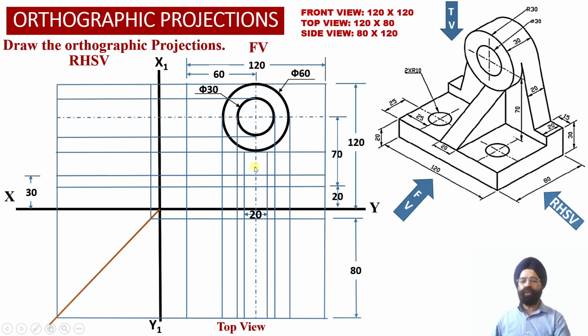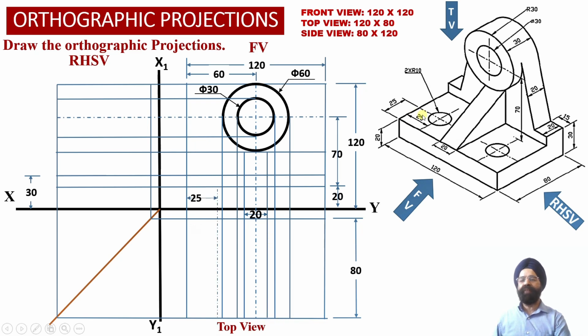Now with respect to this center line, we have taken offset of 10 millimeter on either side, so that the width of this central web we are able to obtain as 20 millimeter into the front view projections, and these two vertical projector lines we have appropriately extended into the top view projections as well.